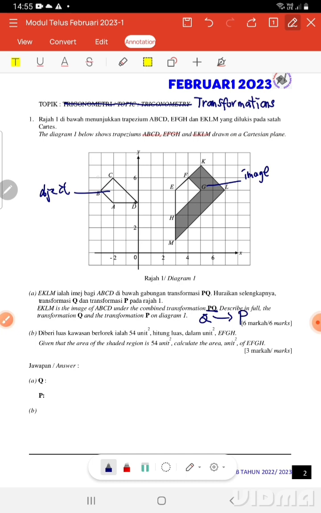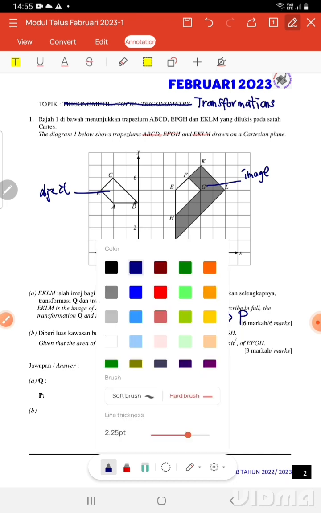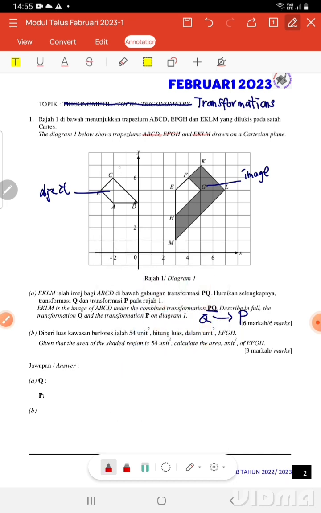Let's guess what happened from the object. You have another trapezium, EFGH, from ABCD. EFGH is given to help you to know what happened.